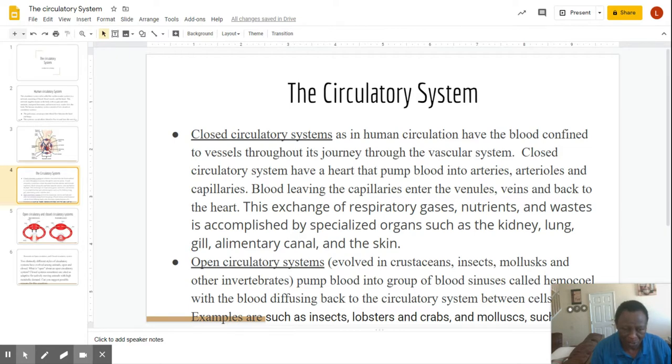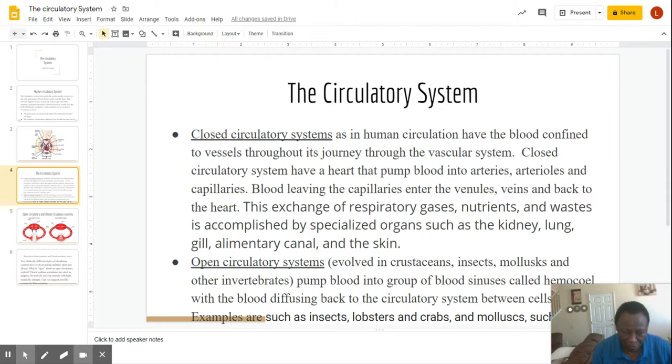Closed circulatory systems have the heart that pumps blood into arteries, arterioles, and capillaries. Blood leaving the capillaries enters the venules, veins, and back to the heart. This exchange of respiratory gases, nutrients and waste is accomplished by special organs such as the kidney, the lung, the gills, the alimentary canal, and the skin.